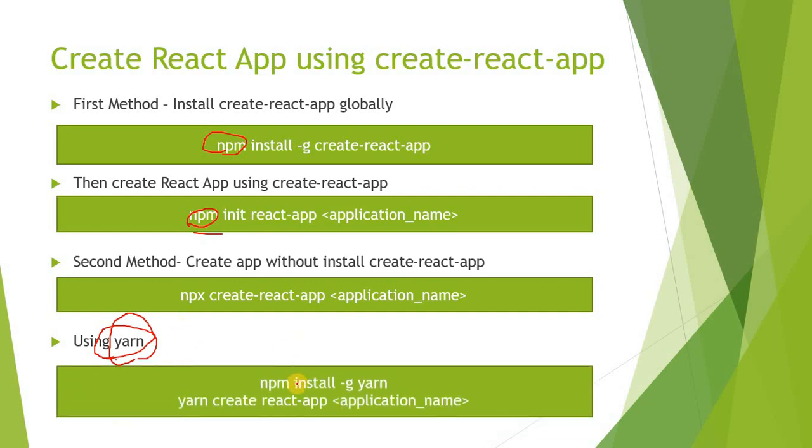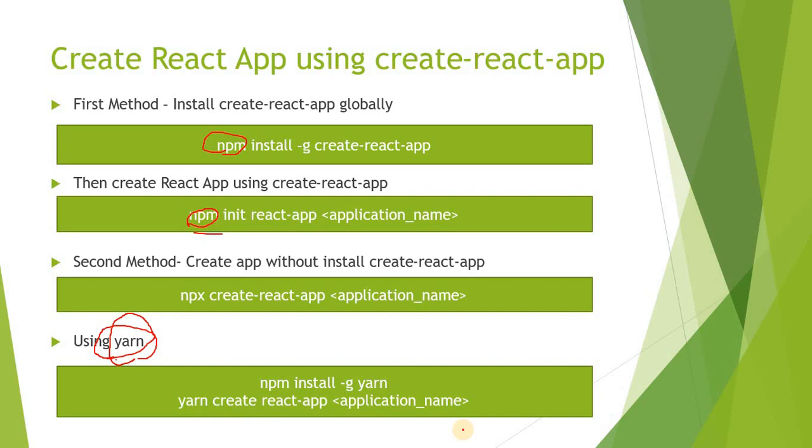First you have to install yarn globally, using the command npm install --g yarn. Then, to create your React application, just execute the command yarn create react-app, not using a hyphen between yarn and create. You have to write yarn create react-app followed by the application name.